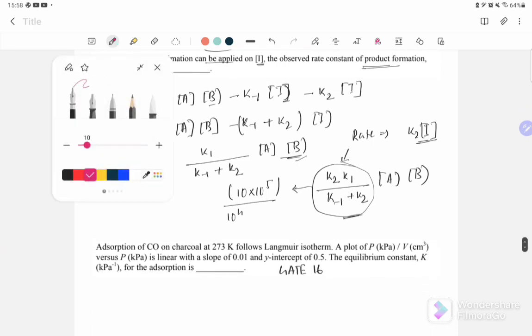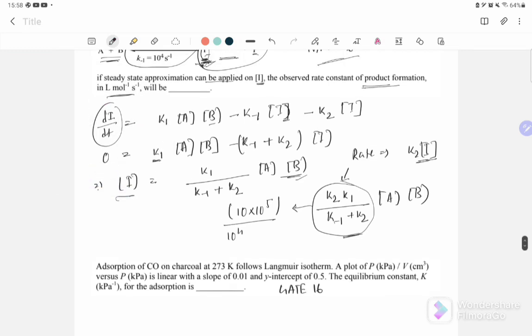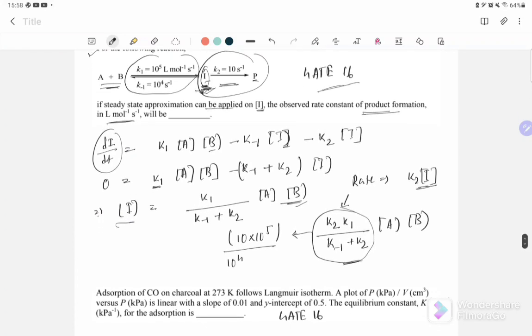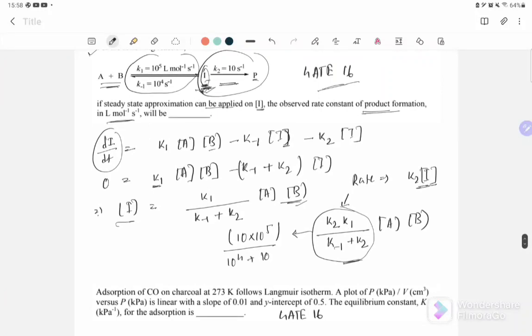We'll calculate it at last. k inverse is 10 to the power 4 second inverse, and k2 is also plus 10 second inverse.